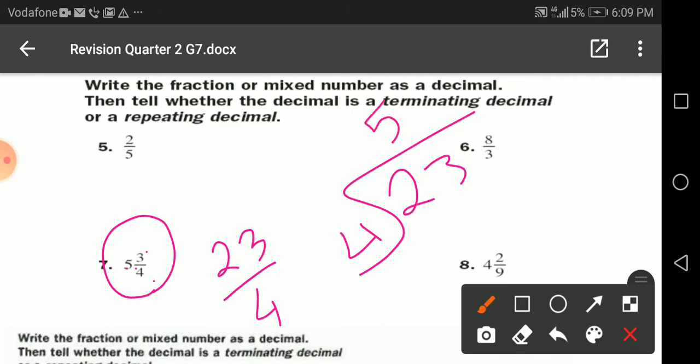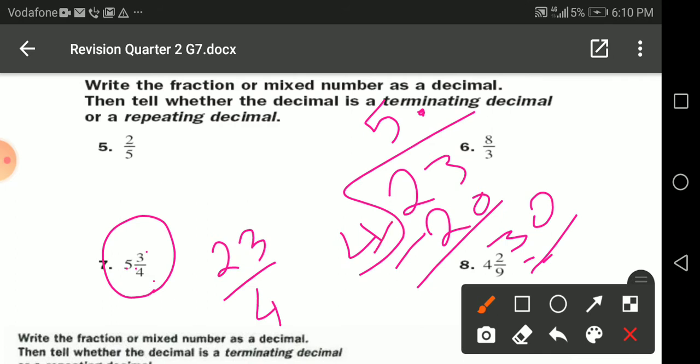So I will say 5 times 4 equals 20. Then here I have 3. 3 divided by 4 can't be. Put a decimal point and we put here 0. 30 divided by 4, the nearest thing is 28. What times 4 gives me 28? 7.